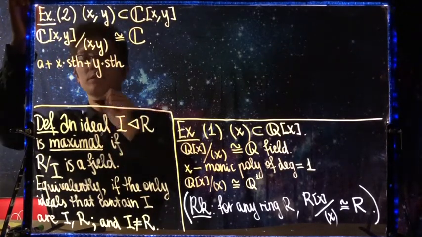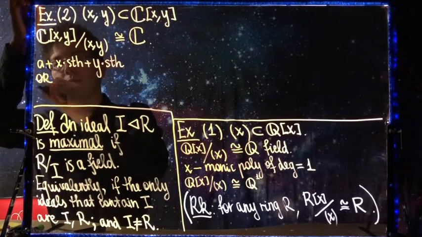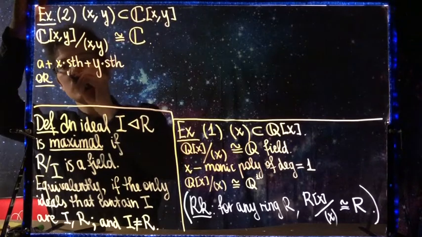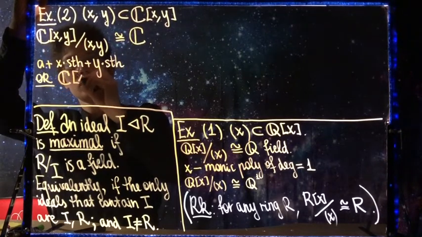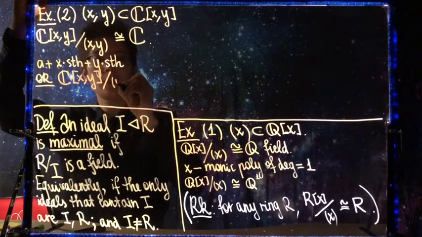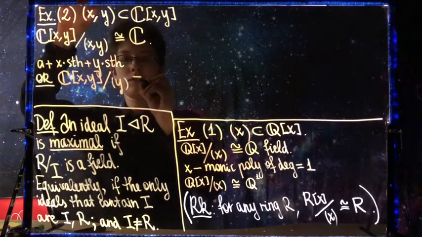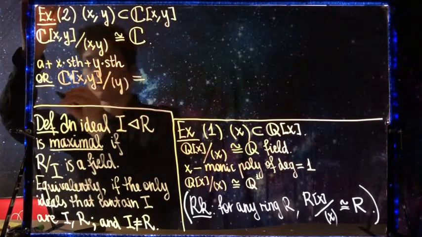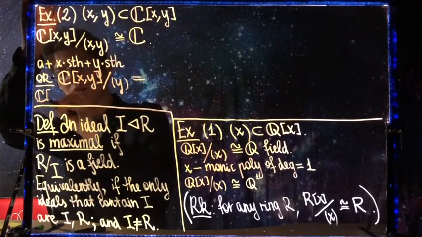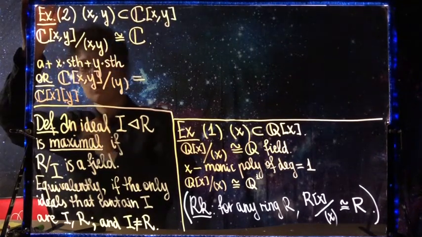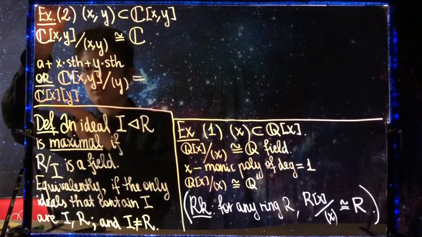Or we can apply this reasoning twice, and we take C[x, y], and we first mod it out by y, and we have that C[x, y] is taking polynomials in one variable twice.